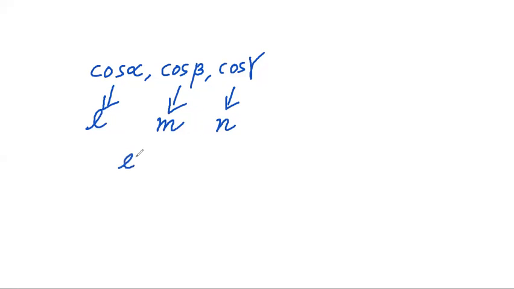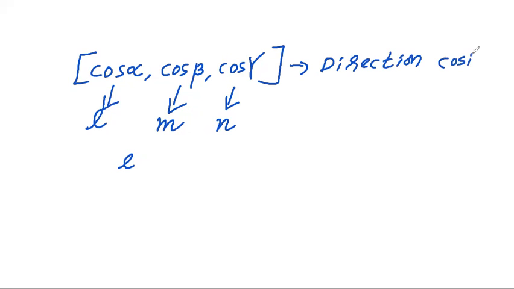And there is a relationship between them. You can see that cos alpha, cos beta, cos gamma are known as direction cosines. The name indicates it is cosines, right? Collectively, cos alpha, cos beta, cos gamma are known as direction cosines, and those direction cosines are denoted by the letters L, M, N. So L is a direction cosine, M is a direction cosine, N is a direction cosine, and there is a relation between them.